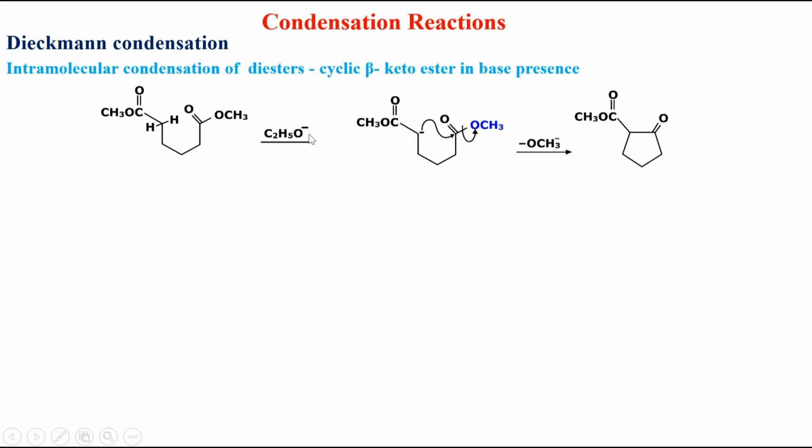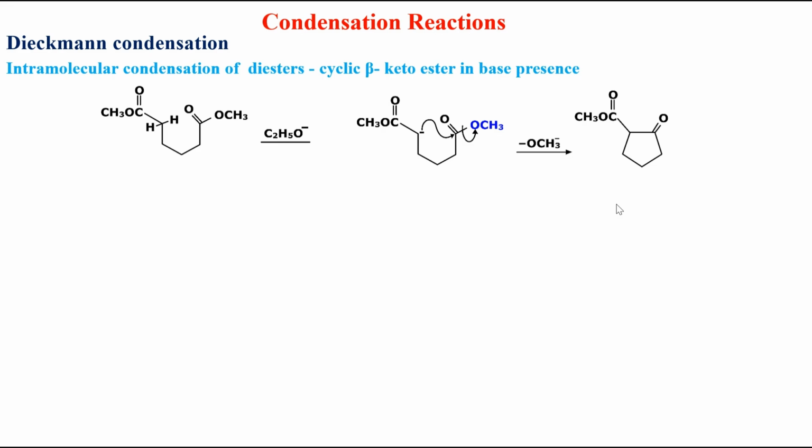I treat it with a base, which abstracts the proton from the alpha carbon, giving rise to a carbanion. The carbanion which is formed attacks the carbonyl carbon of the second ester group present in the molecule. Once it attacks the carbonyl carbon, methoxy gets kicked off as methanol and I get a cyclic ketone, a beta keto ester.